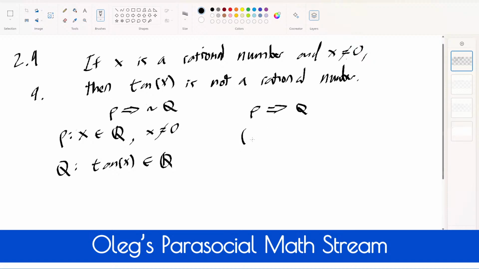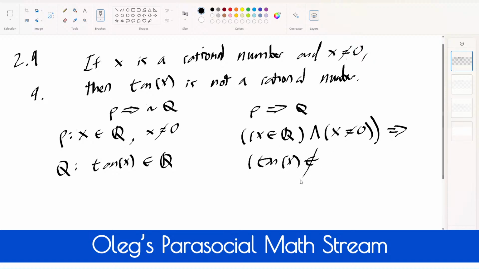We're going to say X contains the quotient sets and X is not 0. Okay. And this implies tan X is not part of the quotient set.